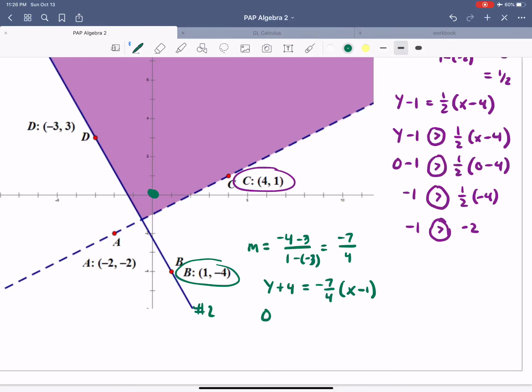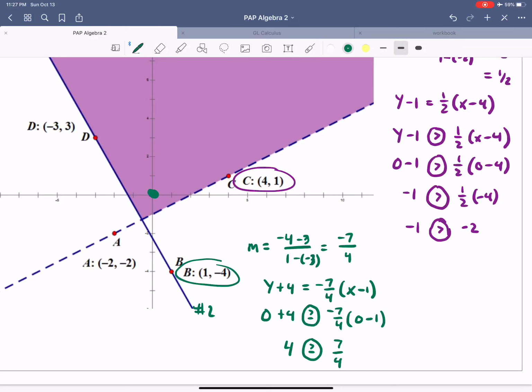So I'm going to plug 0 in for y, using a big circle for my inequality sign, and plug 0 in for x, and simplify. I get 4 on one side, and negative 7/4 times negative 1 would just be positive 7/4. So 0, 0 should make that inequality true, so we know that 4 is greater than or equal to 7/4. Remember that it's an or equal to because of the solid line.